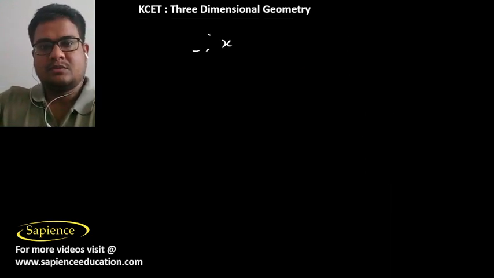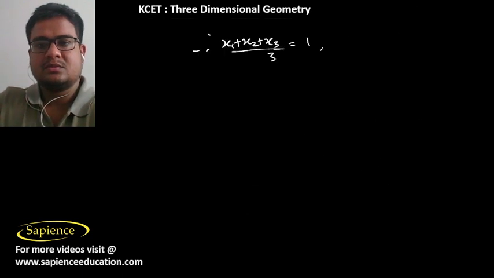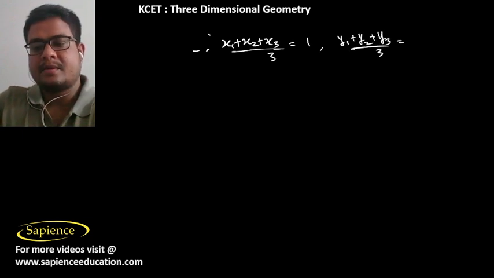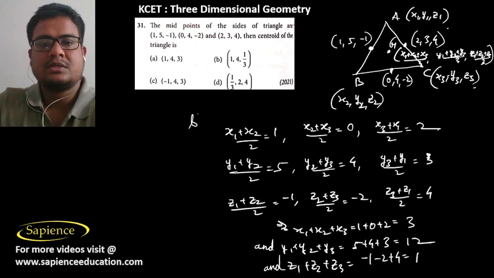Therefore, x1 plus x2 plus x3 by 3 will be equal to 3 by 3, that is equal to 1, and y1 plus y2 plus y3 by 3 is equal to 12 by 3, that is 4, and then z1 plus z2 plus z3 by 3 is equal to 1 by 3. Therefore, the coordinates of the centroid G will be equal to 1 comma 4 comma 1 by 3. So option B is the correct answer.